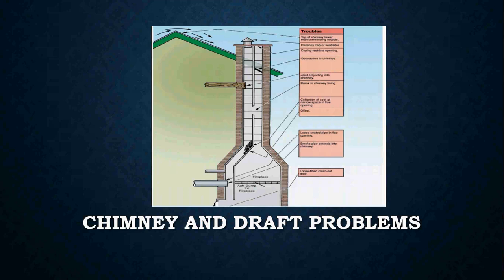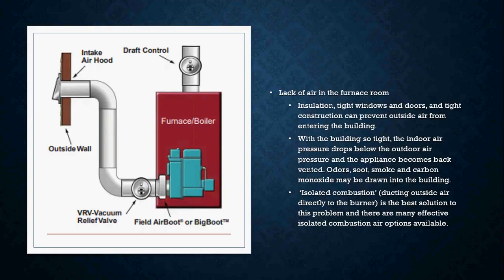You can have a chimney cap or a ventilator, or the top of the chimney is not high enough. So there's a lot of different things that we need to look at when it comes to your fireplaces and your chimneys.